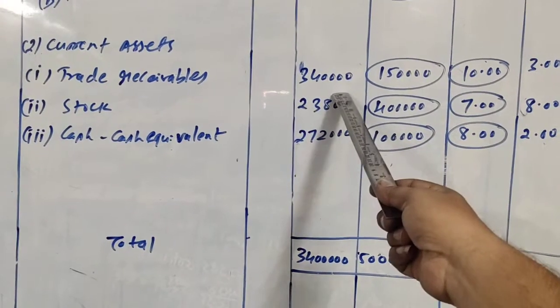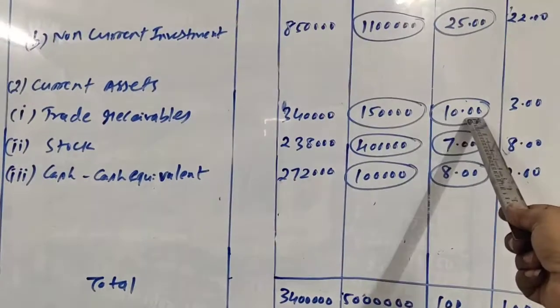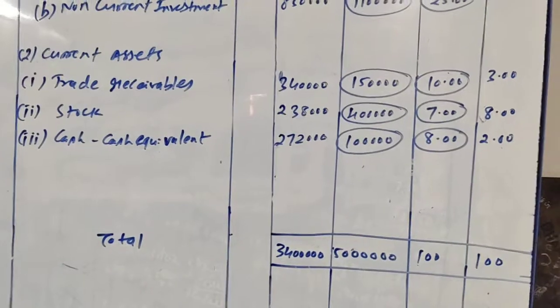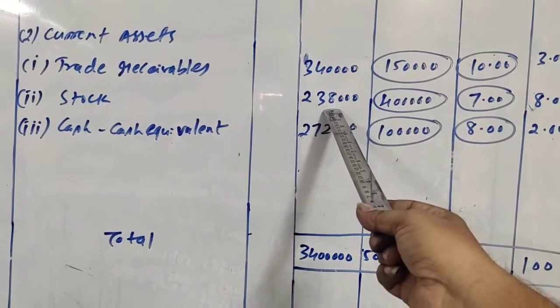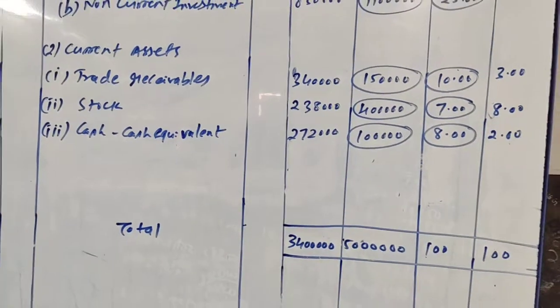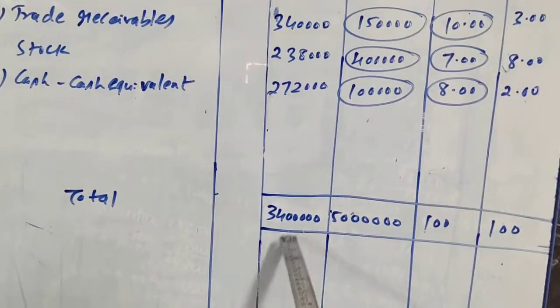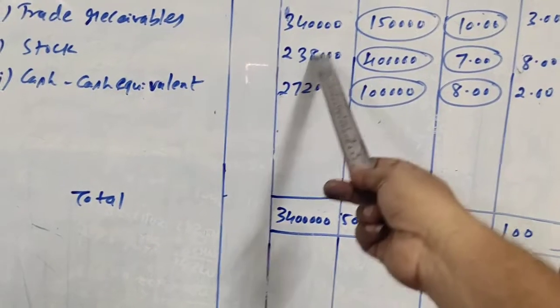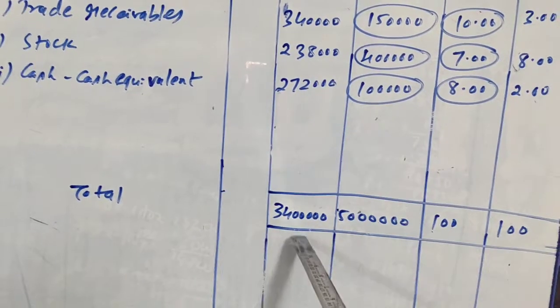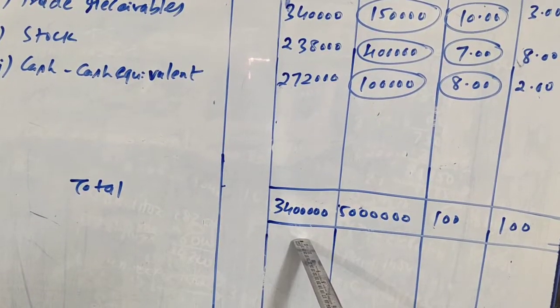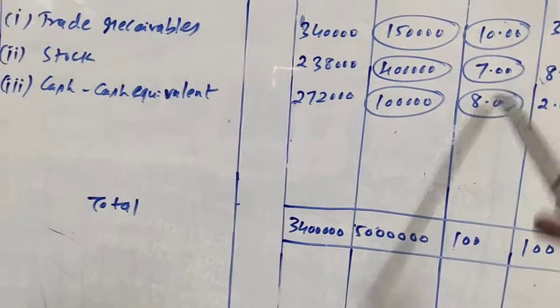So 3,40,000 upon 34 lakh into 100 we get 10%. Stock is given to us 2,38,000 out of 34 lakh. So 2,38,000 upon 34 lakh into 100 we get 7%.